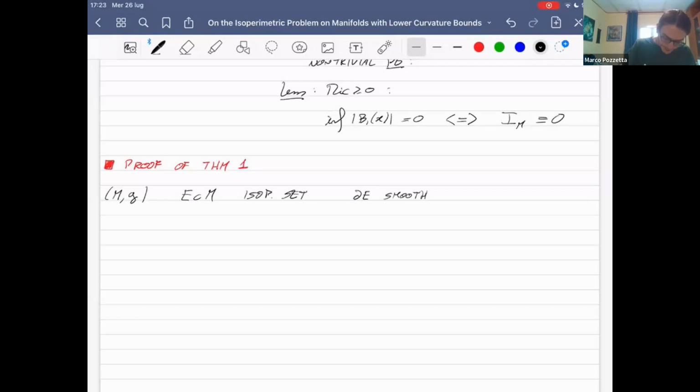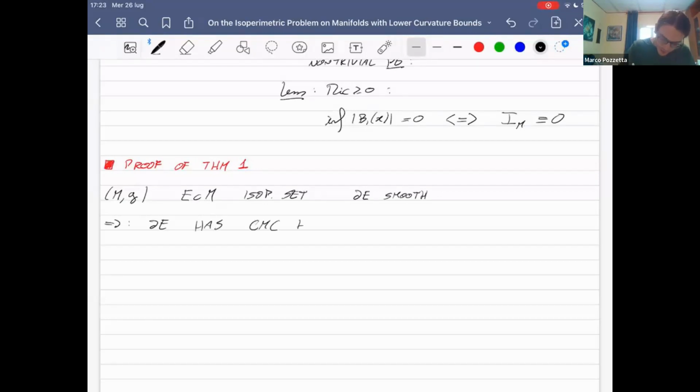Well, then the first fact that for sure you already know is that the boundary of E, being a critical point of the perimeter with respect to variations preserving the volume, has constant mean curvature, CMC.